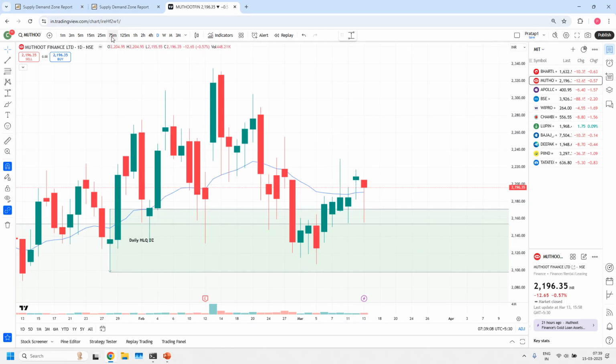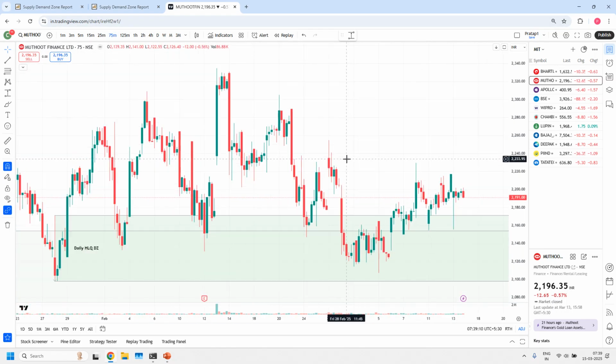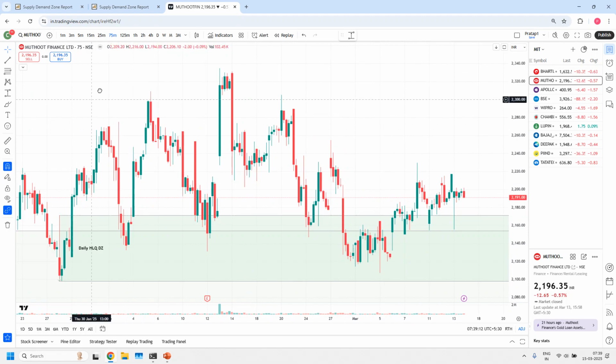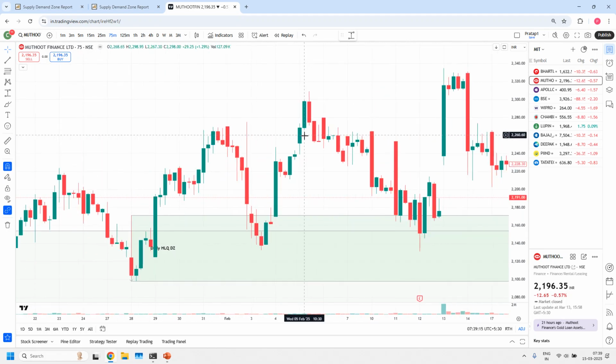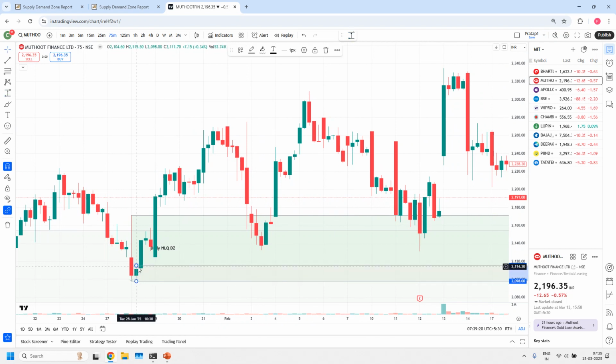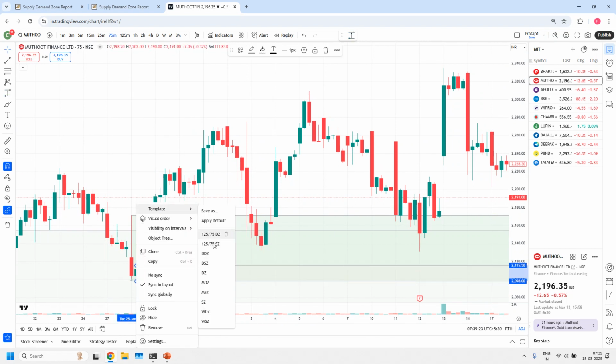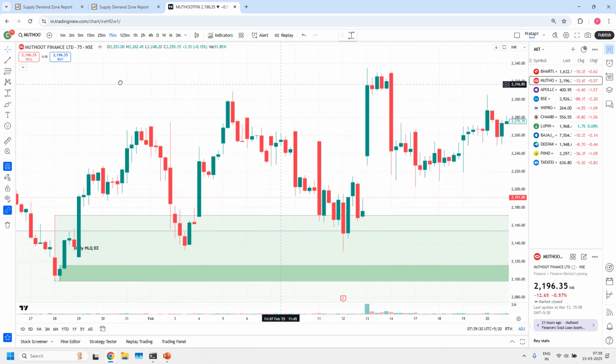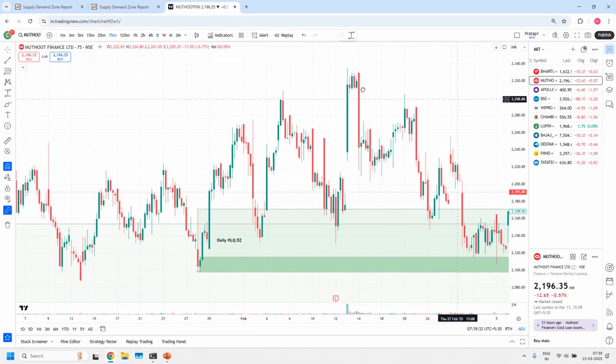First of all, what is the 75-minute zone here? That is important. Is there any 75? Yes. See here we have a drop, base, rally. This is the 75 minutes order flow inside the daily.